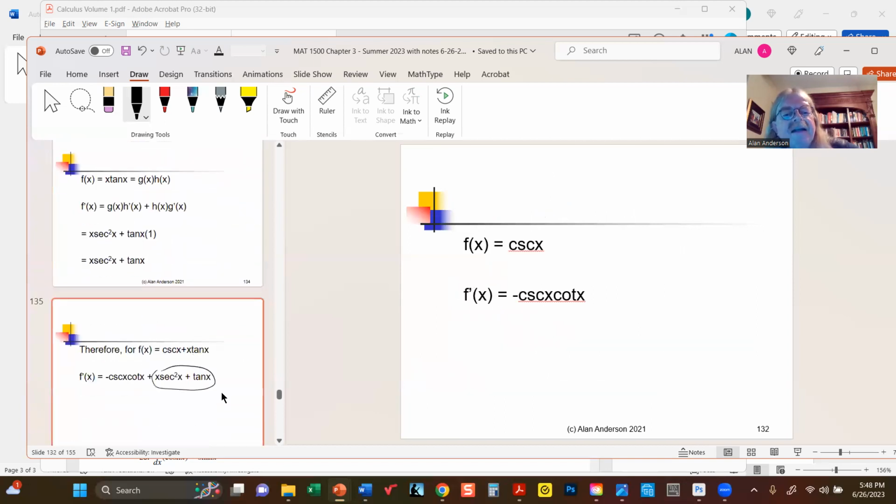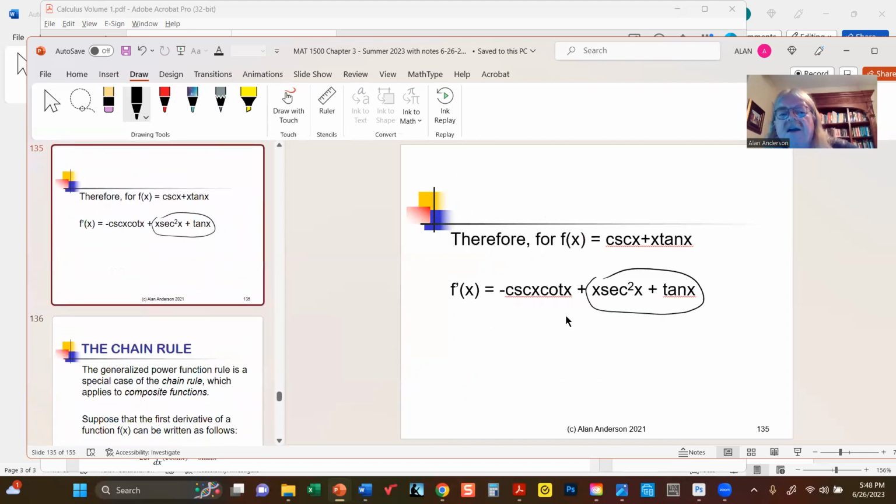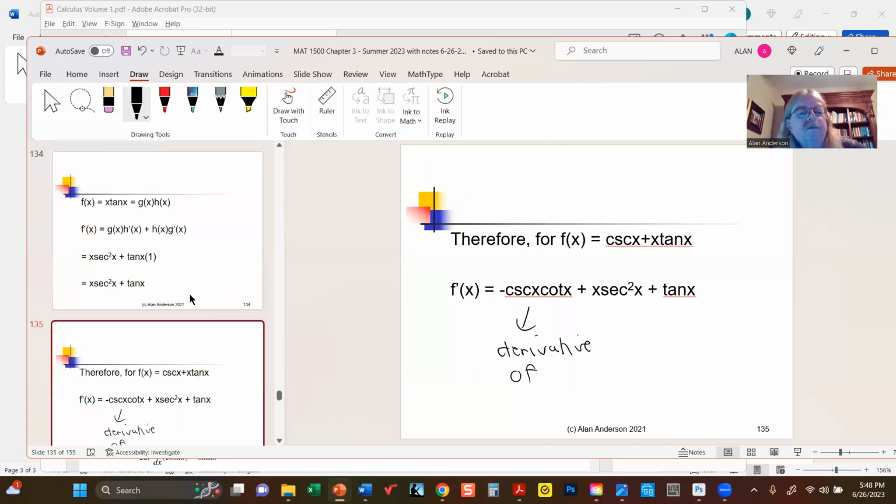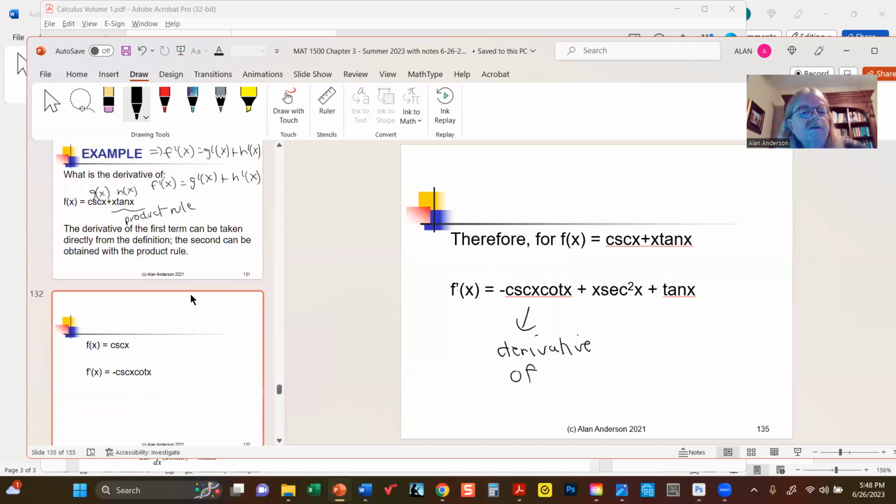So when we combine everything, here's our final result. This is everything, okay? So this was the derivative of the first term, which was cosecant x.